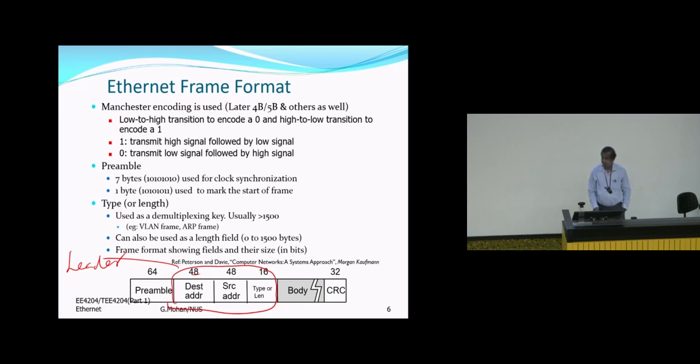The hardware address, or MAC address, or Ethernet address, has 6 bytes, that is 48 bits. So as part of the Ethernet header, it will carry a 6-byte destination address, a 6-byte source address, and a 2-byte type or length.